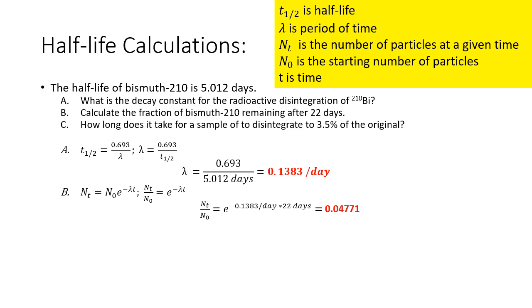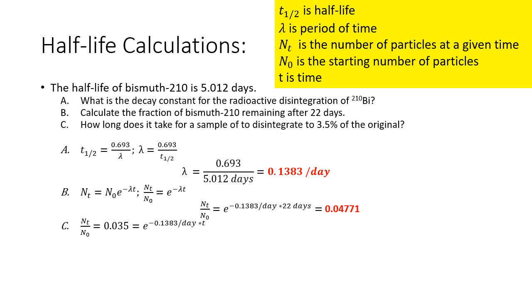How long does it take for a sample to disintegrate to 3.5%? Okay, so if we have a percentage, again, we can go from percentage to fraction pretty easily. We just divide by 100. So we're going to go ahead and do that. Our N of t over N naught is going to be 0.035. And then we have that same e to the negative lambda t, and we're solving for t.